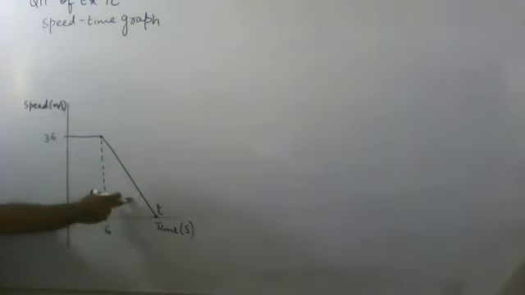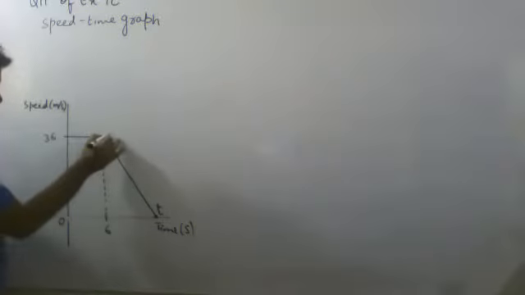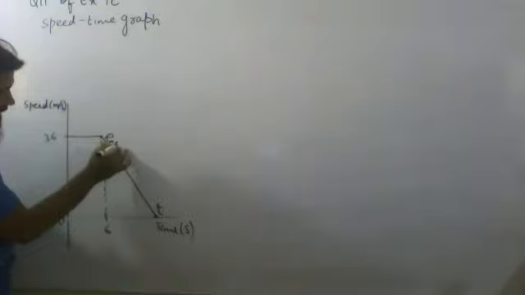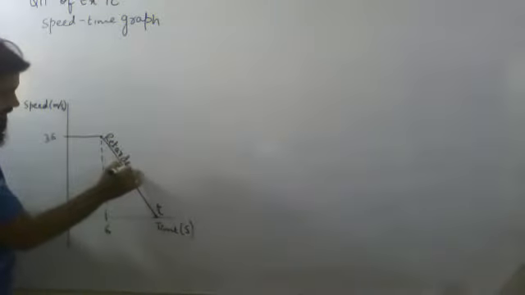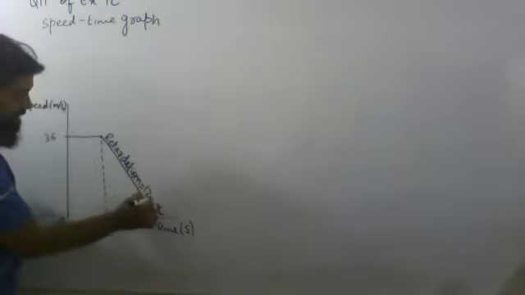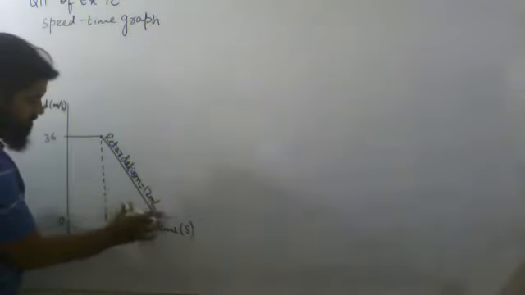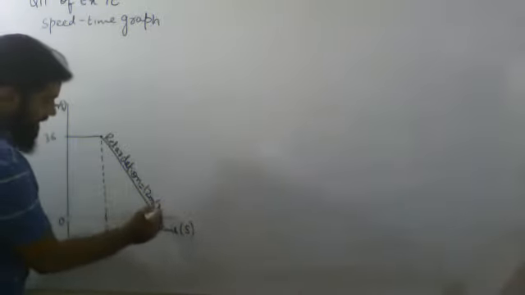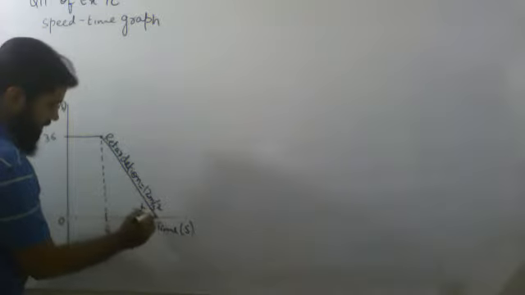This is showing that it is slowing down, which means it is retardation, and retardation is 12 meter per second square. This point is P.